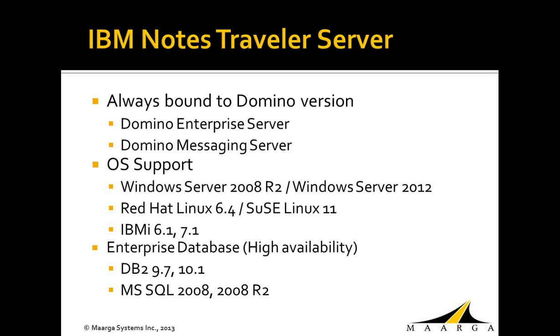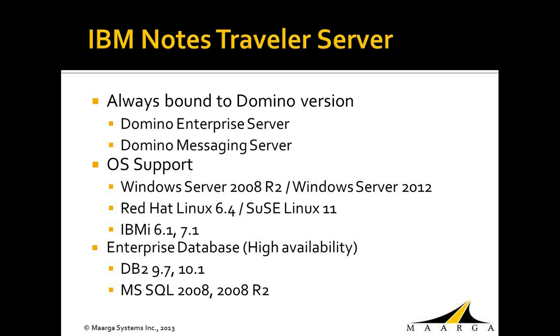And these two are the main things that you need to consider for rolling out Traveler in a standalone or single server environment. But if you need Traveler high availability, a new option that is available from 8.5.2, 8.5.3 and above, where you can have a highly available Traveler service, you need an enterprise database.